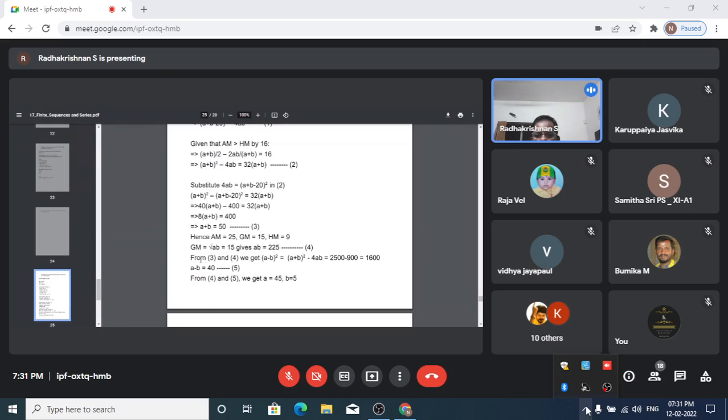So GM is root ab, which is equal to 15, which gives ab equal to 225. So from the equation, we know a plus b, we know ab. From that we can determine a minus b is equal to 40.